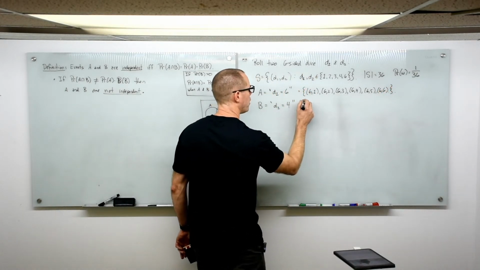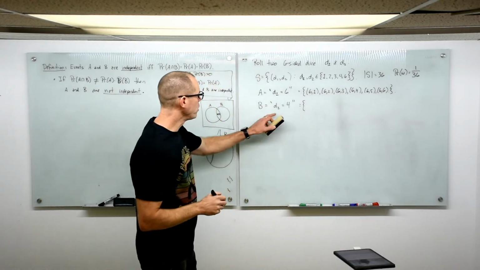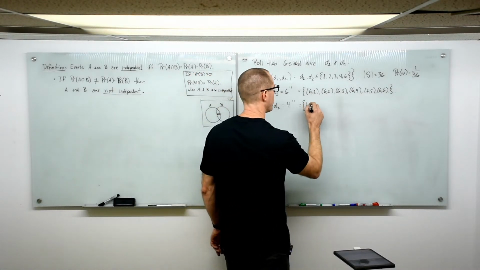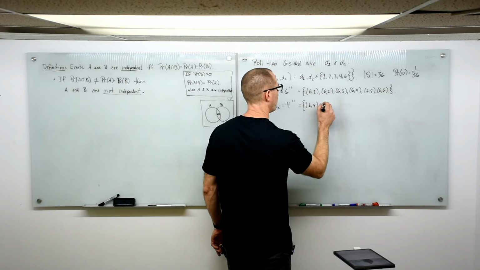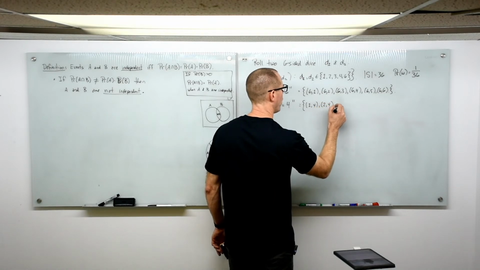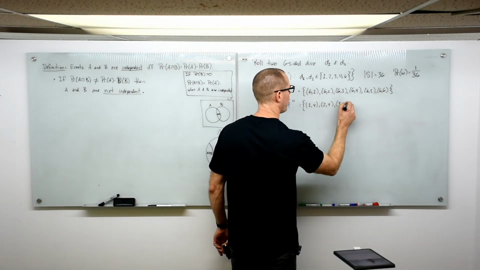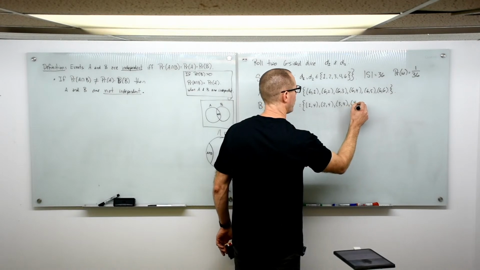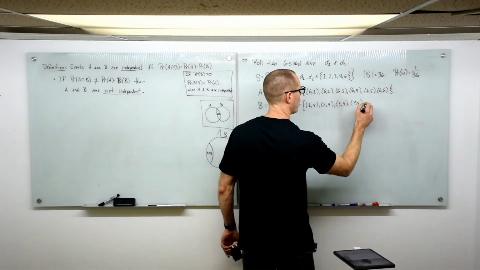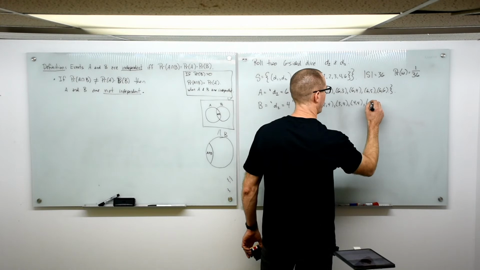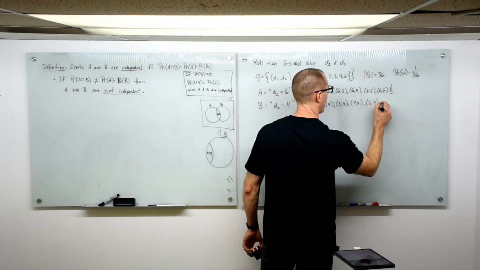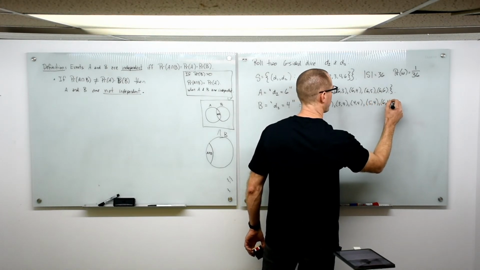What's B? B is when D2 is equal to 4. So this looks like 1-4, 2-4, 3-4, 4-4, 5-4, and 6-4.